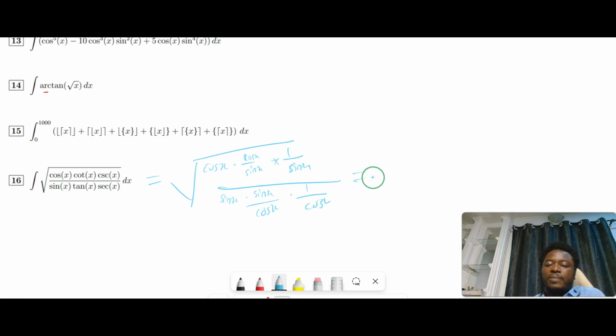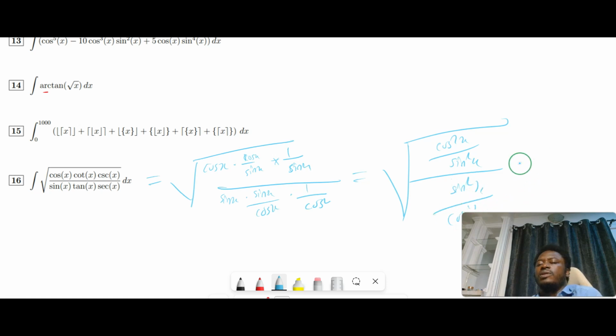So that would be cosine squared x over sine squared x divided by sine squared x over cosine squared x. So that would be the square root of cotangent to the 4th power of x, and that would be cotangent squared x.